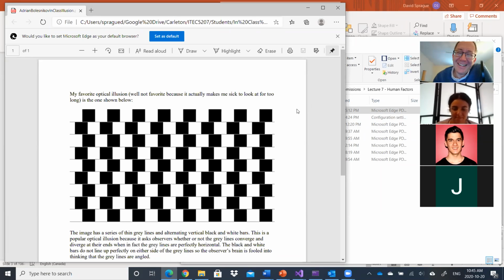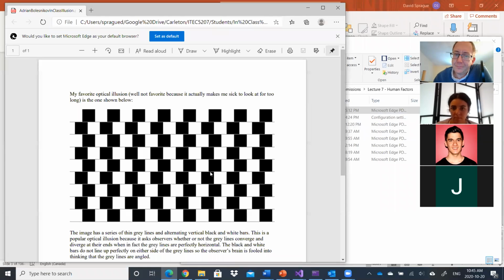Quickly. So basically the whole point is that there's gray lines going side to side, very thin ones. And the optical illusion is that they look like they are kind of narrowing down, like they're not parallel to each other.